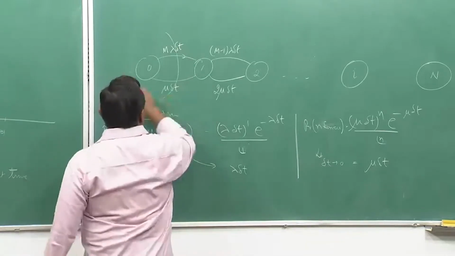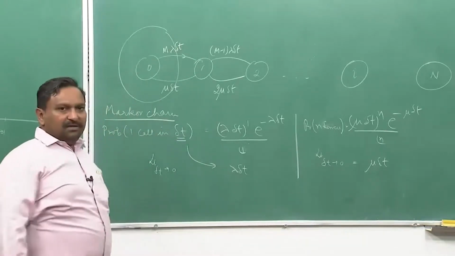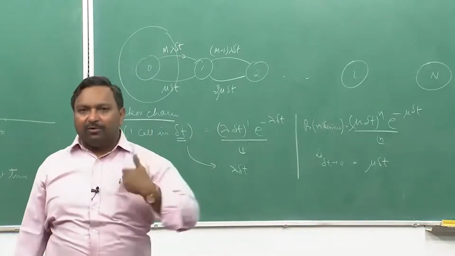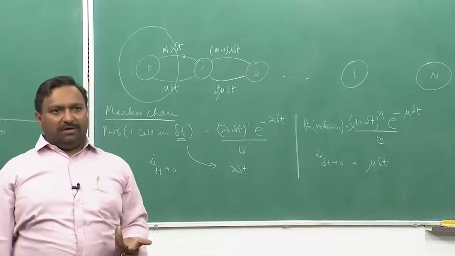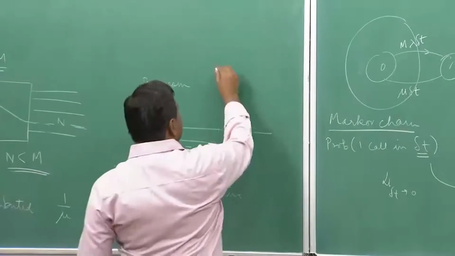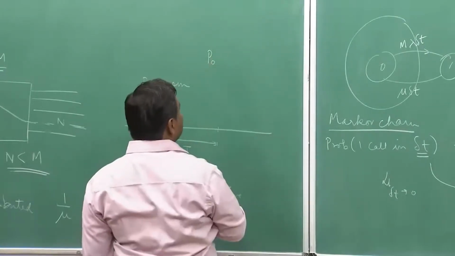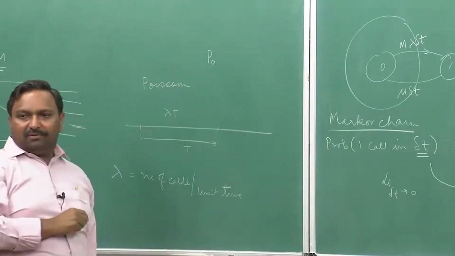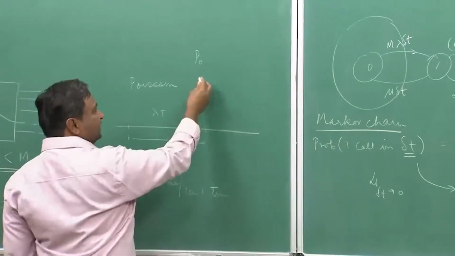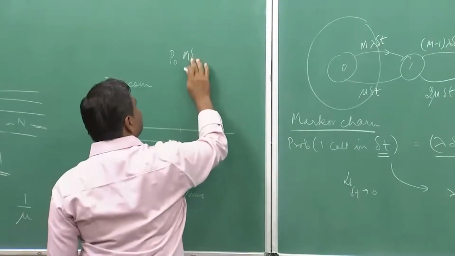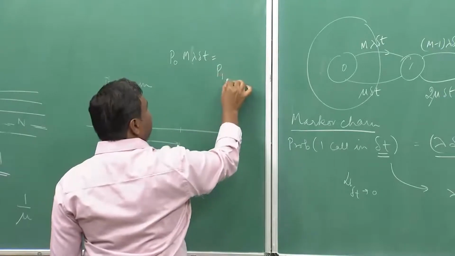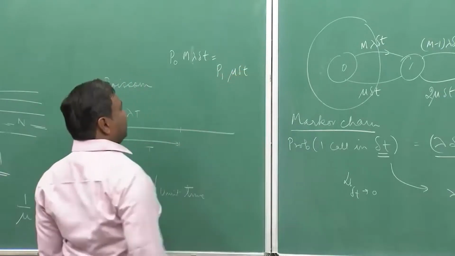So if I take any closed surface like this, the rate at which you move out of the surface and the rate at which you come into the surface have to be equal if the switch is in a steady state. This implies that the probability that you are in state 0 is P0, and the probability of transitioning from 0 to 1 should be the transition rate, and this should equal P1 mu delta t.